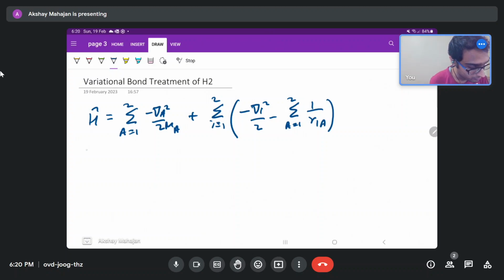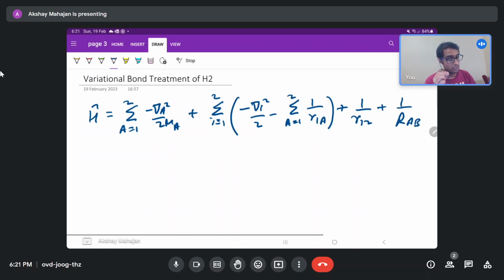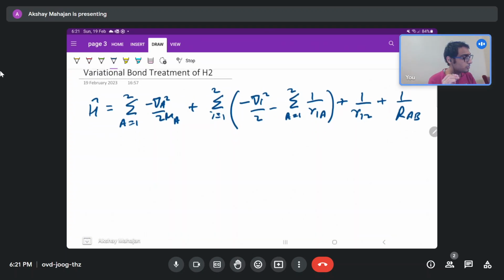This is the Hamiltonian for your hydrogen atom, plus 1 by r12 plus 1 upon R AB, in atomic units. Okay, for your H2 molecule in atomic units, so this will be the Hamiltonian.